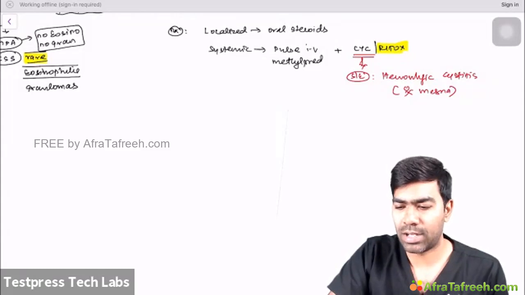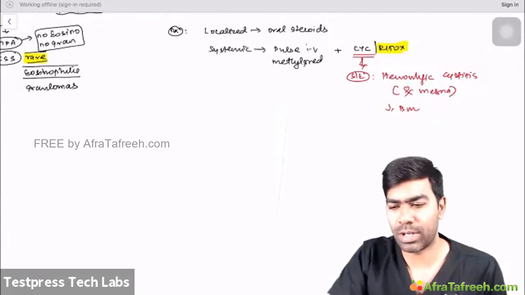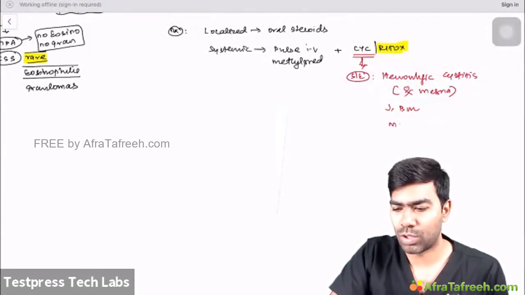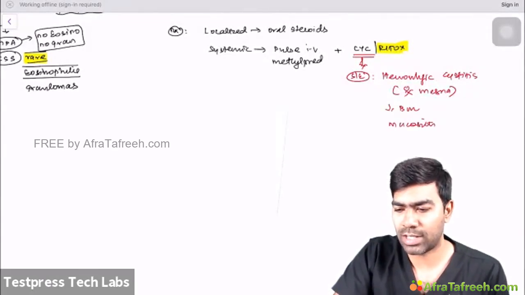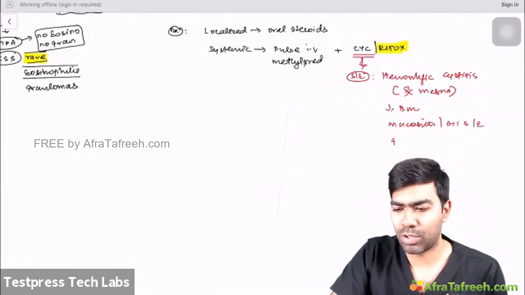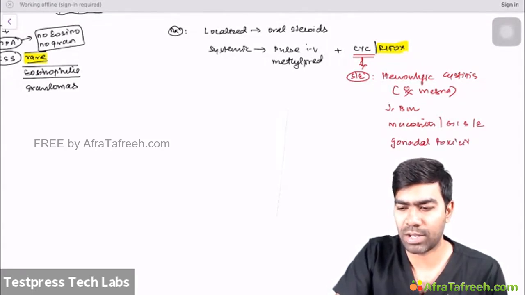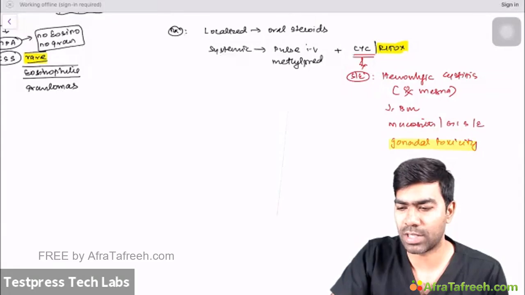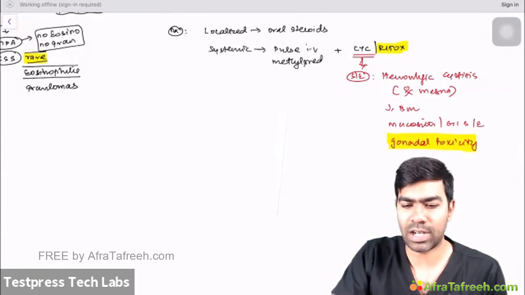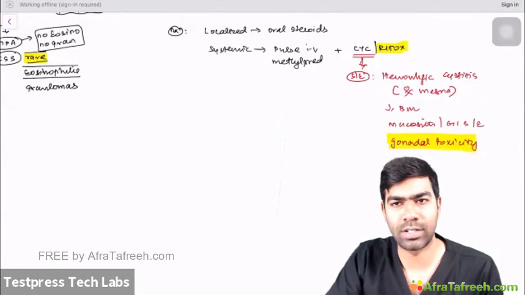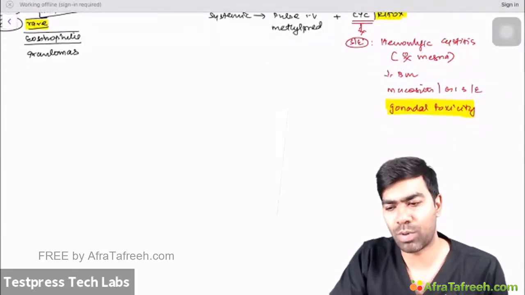And apart from that, it can result in bone marrow suppression, causing severe cytopenias. It can produce mucositis. It can produce GI side effects like diarrhea and vomiting. Apart from that, it can produce gonadal toxicity. And that's what I'm concerned about, because if I'm giving it to a young patient who has not completed family, this becomes a serious issue. There is a 20% chance that cyclophosphamide can fry out your gonads. So gonadal toxicity is a very important problem with cyclophosphamide.